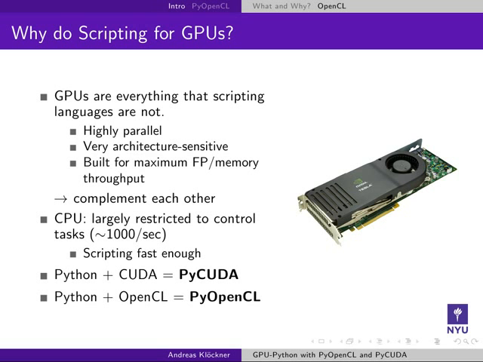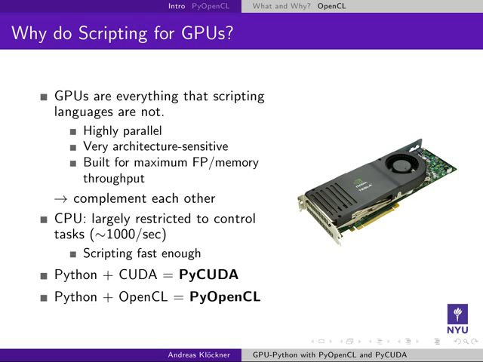All right. So why does scripting for GPUs make sense? Again, this doesn't hit the productivity angle as much as probably was contained in the previous question. But why is it a sensible thing to do? Well, for certain, scripting languages and GPUs are complementary, right?